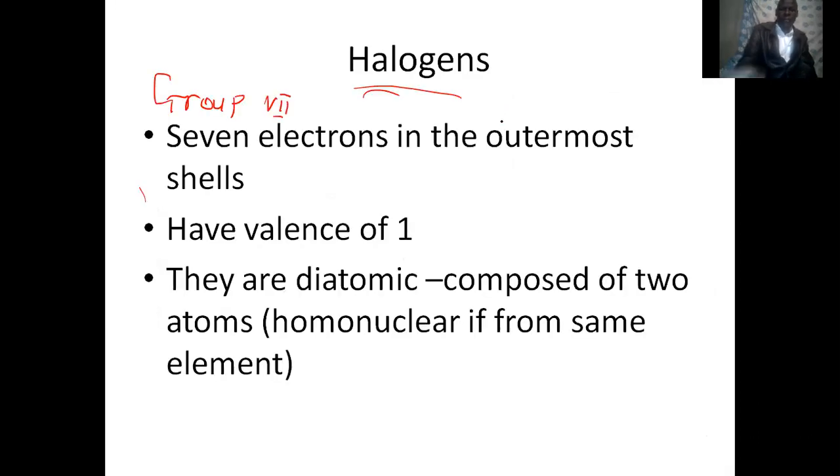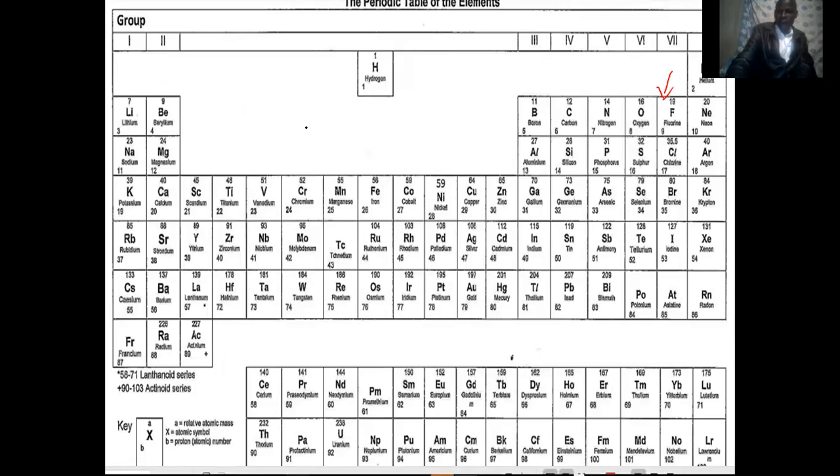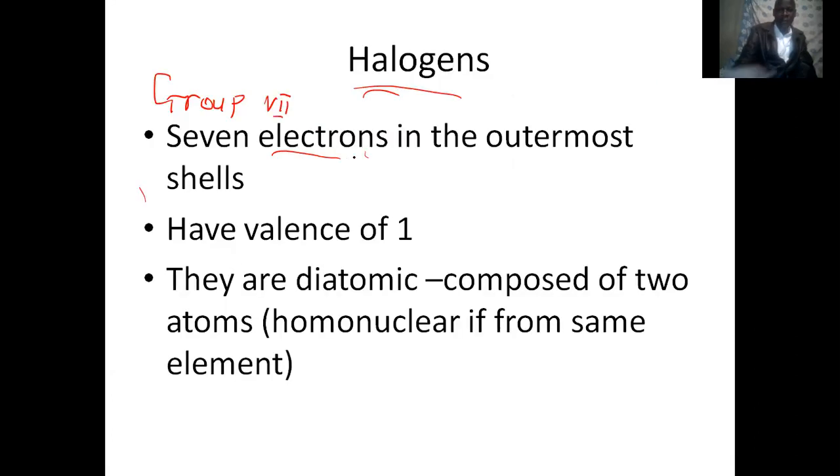These group 7 elements are known as halogens, and they have 7 electrons in the outermost shell. For example, as we have seen here, fluorine has 9 as its atomic number.